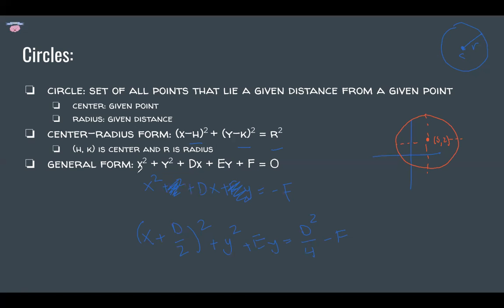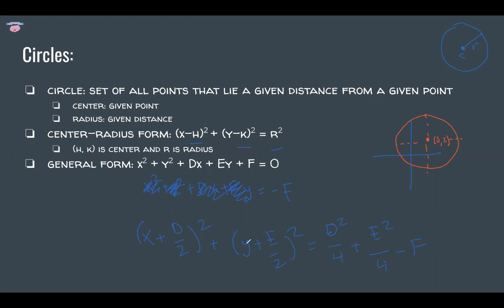And then we would ignore the x's and take only the y's. We had y squared plus ey. So y plus e over 2, the whole squared. And then we bring the e squared over 4 to this side. So we get d squared over 4 plus e squared over 4 minus f.